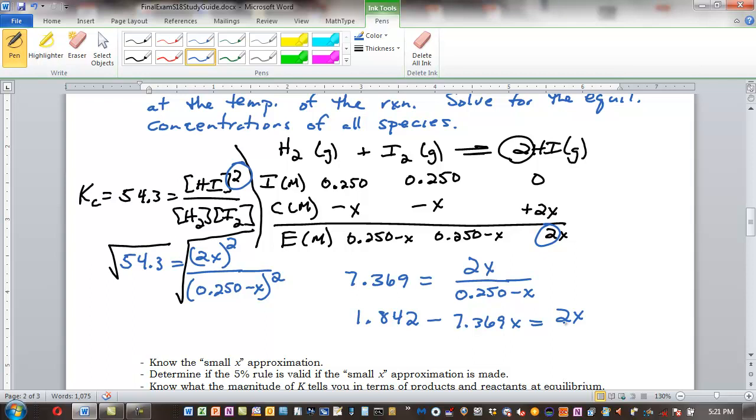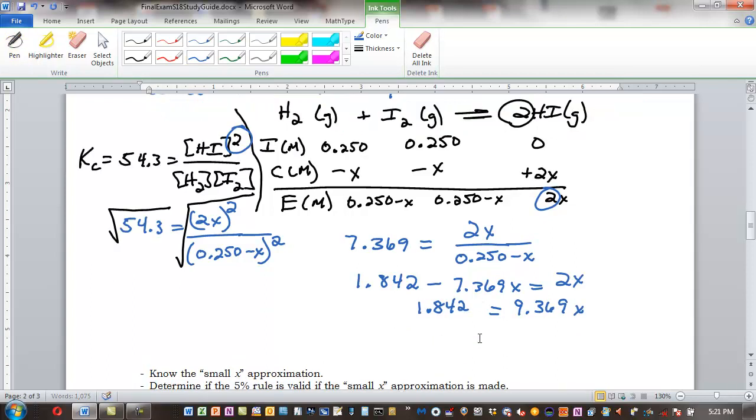Let's go ahead and add 7.369x to both sides. So that will be 9.369x is 1.842. Almost there. Divide by 9.369.